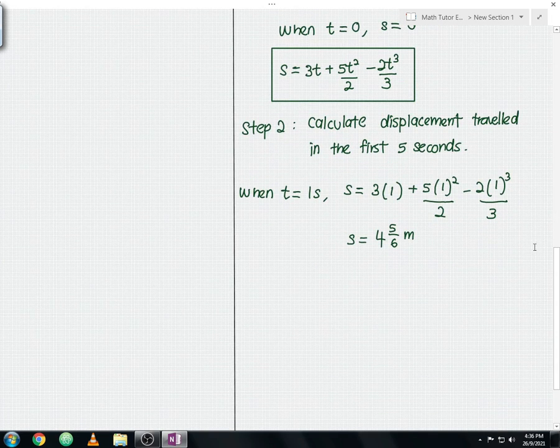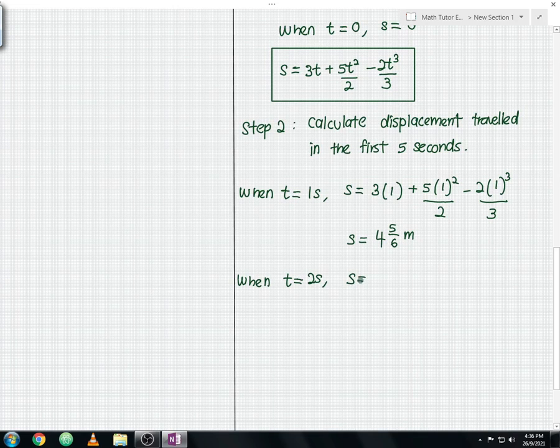Okay, let us proceed to t is equal to 2 seconds. So when t is equal to 2 seconds, similar step, guys, you need to substitute the 2 into the equation here.